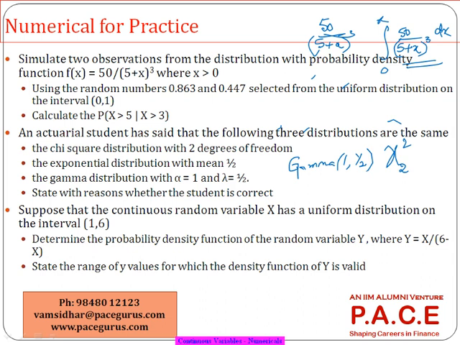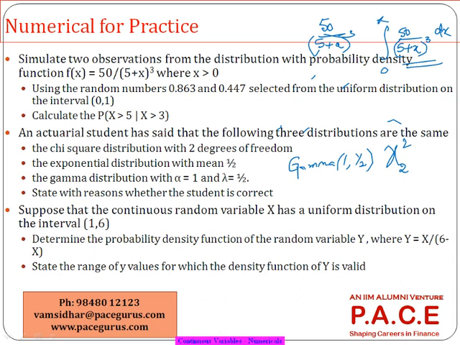If lambda is equal to half, then the gamma becomes chi-square with 2 alpha degrees of freedom. Because he said it is 2 degrees of freedom already, I can write it as gamma(1, half), the exponential distribution with mean half.